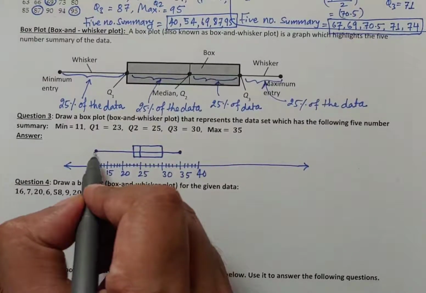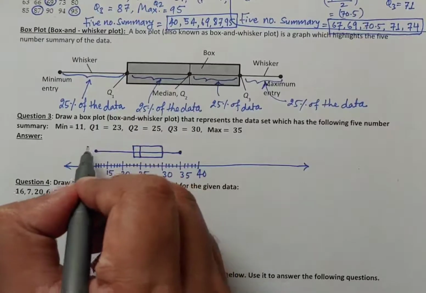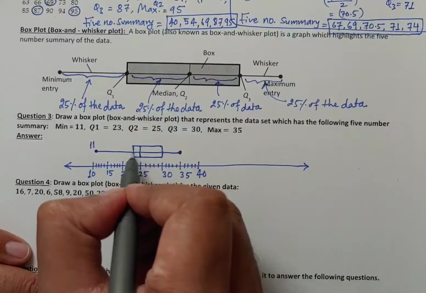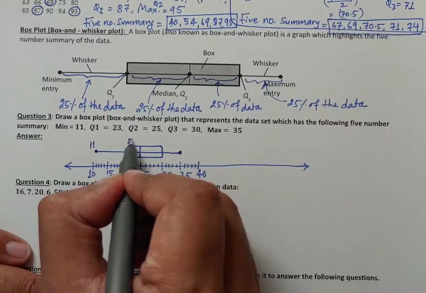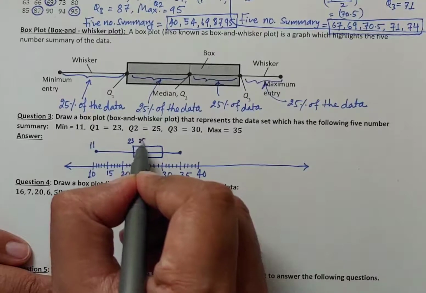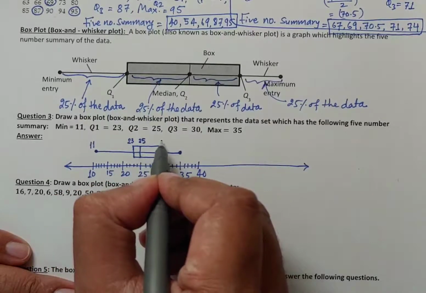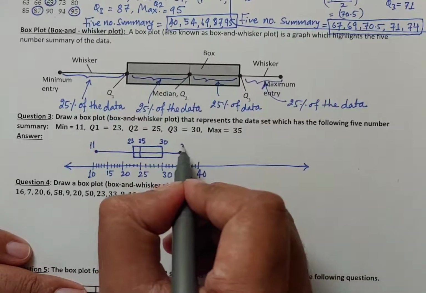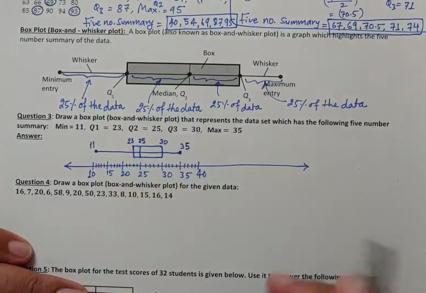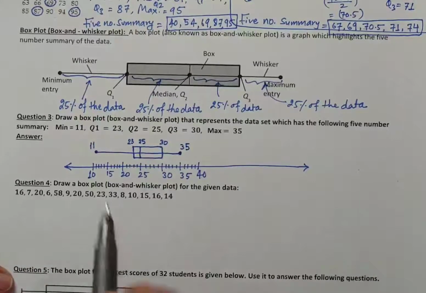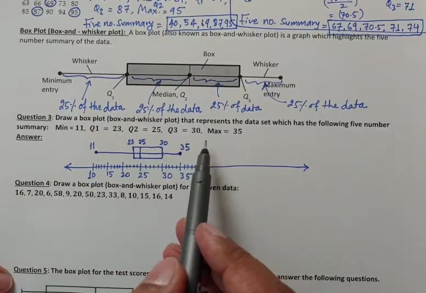Okay, so this is the minimum number, which is 11, and this number here is 23, and then the median is 25, and then Q3 is 30, and then 35. Okay, so this is how we draw the box plot for any given data like this.